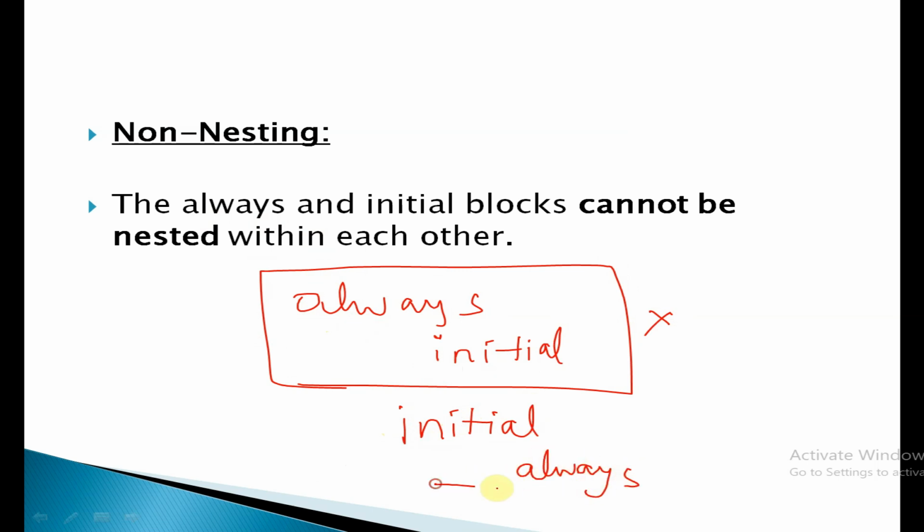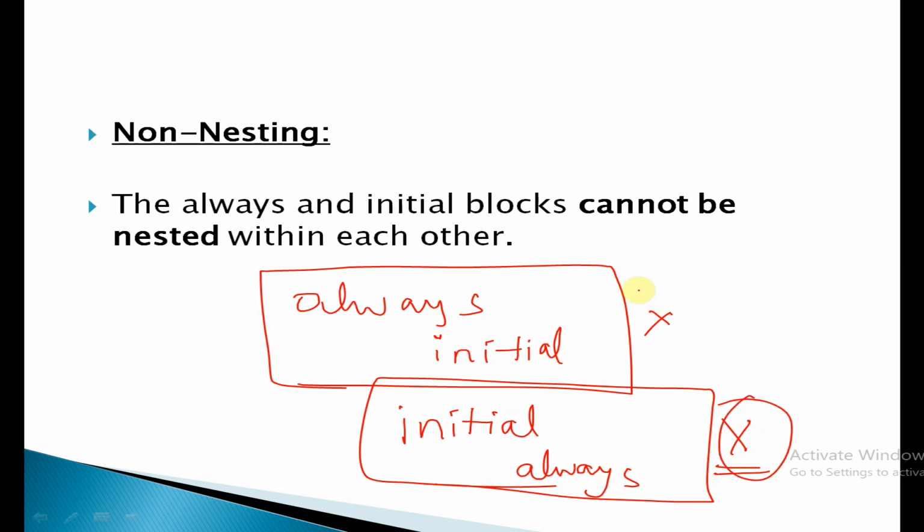This is called nesting, and it is not correct syntax or allowed in Verilog. If you try to nest these two blocks, you will get an error. These are two separate blocks, or threads, working independent of each other.